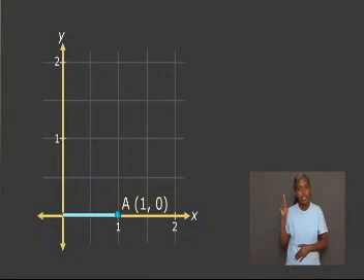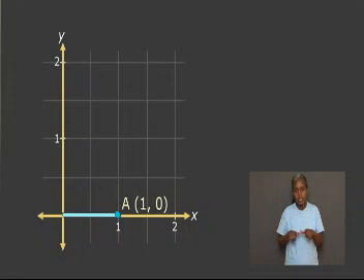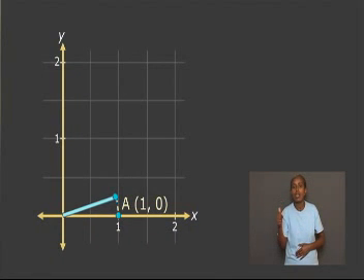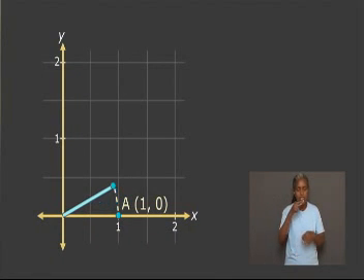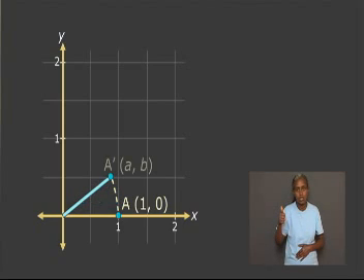Here is point A, located at 1, 0. If we wish to rotate A 30 degrees about the origin, the resulting image looks like this. Do you remember your lessons from trigonometry?